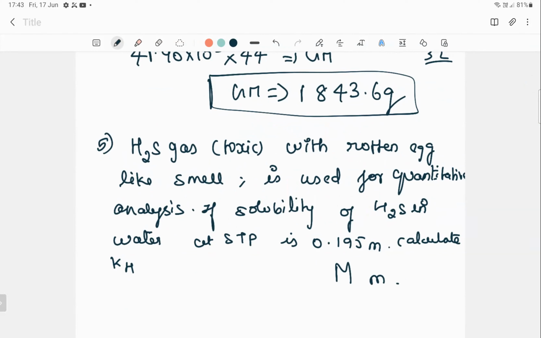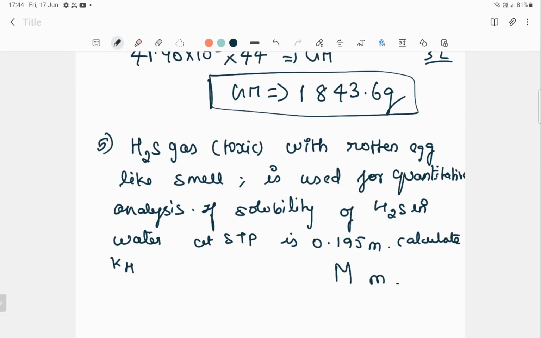Molality and pressure they have given, so you can find the mole fractions. What is molality? Number of moles of your solute in 1 kilogram of your solvent. Correct?